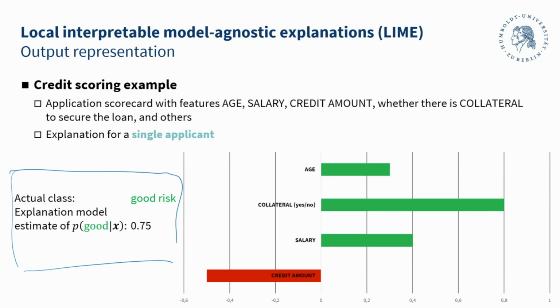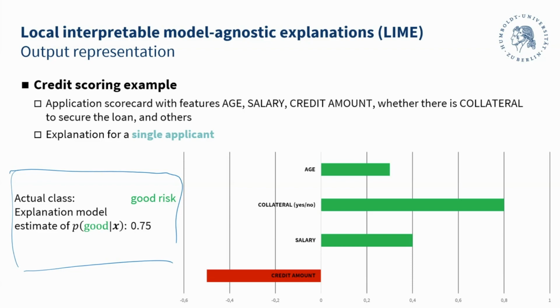We know the actual class. Let's say our applicant in fact was a good risk, and let's say our estimate of her being a good risk was 75%. That is the prediction. And now we want to interpret this prediction for this credit applicant. That's what Lime is trying to achieve.